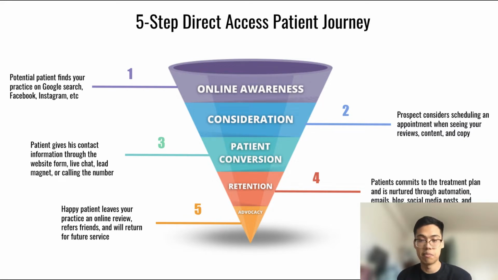You want to retain them every single week as long as possible until they finish it. And to do that, we're going to talk about marketing automations to help retain these patients. We're going to talk about constantly nurturing them through your emails, your blogs, your social media posts, and even retargeting. And at the end of this, we're going to be asking for this patient to leave us our online review. So we're going to talk about the best practices into building your online reviews up.